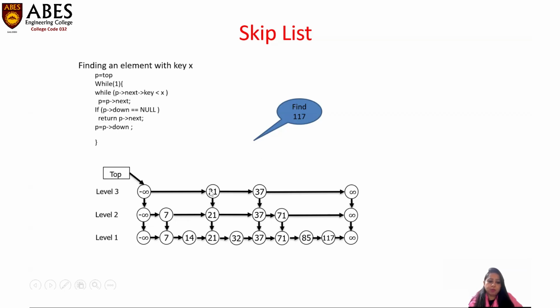Then we move down at level 2, then 21. The next value is 37, which is less than 117. We move down to 71. 71 is less than 117. We move to the next pointer, that is 85, which is less than 117. We move to infinity, which is greater than 117. So we'll insert 117 between 85 and infinity.